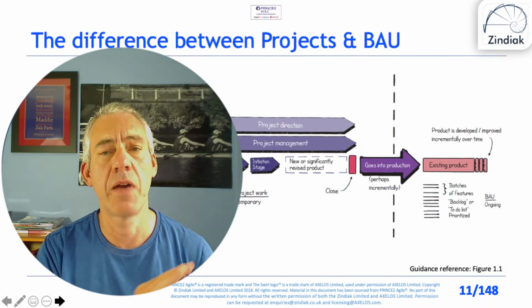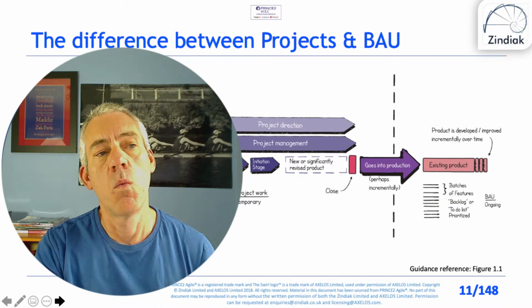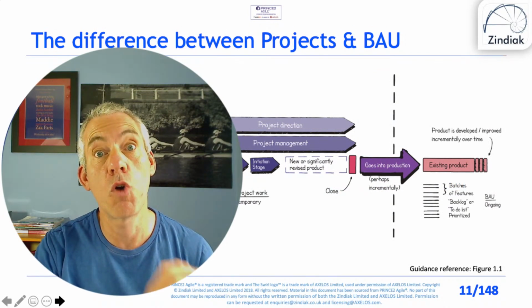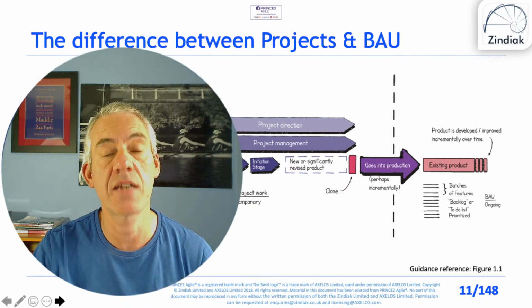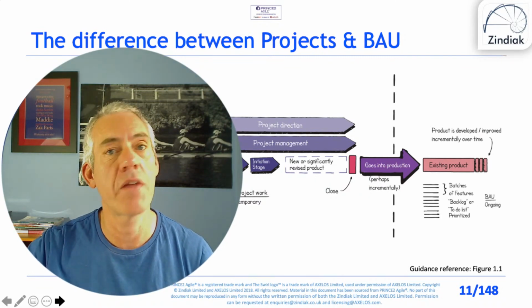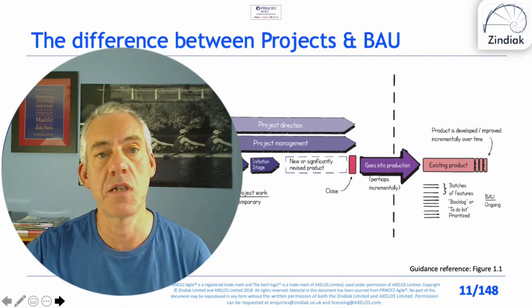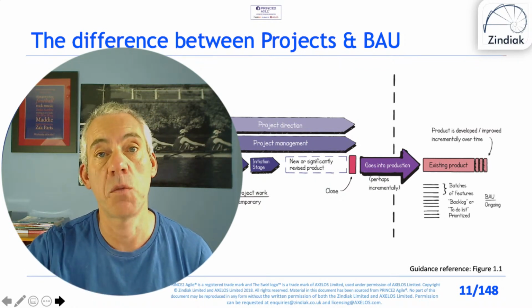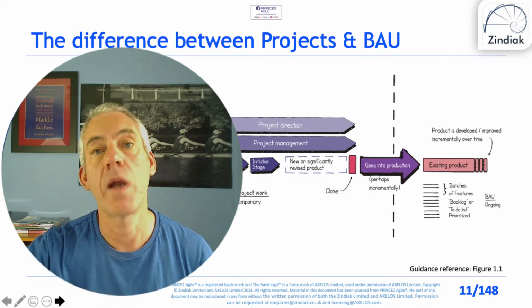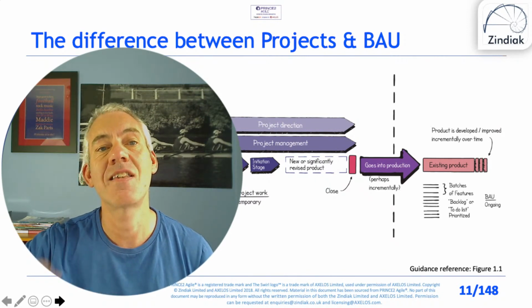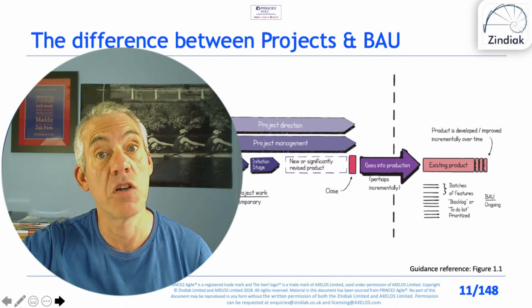This is another important point as well. Particularly if we have a new product, we will quite often have a development project to develop that new product. Whether it's a physical product or a digital product, it doesn't really matter. We develop a new product using a project. The project ends when it goes into production, but that's not the end of that product or service.